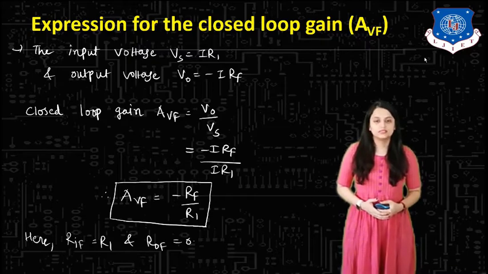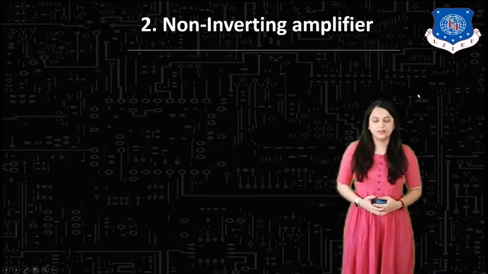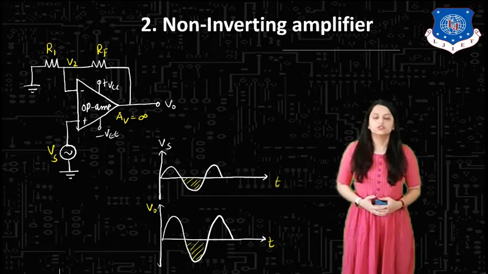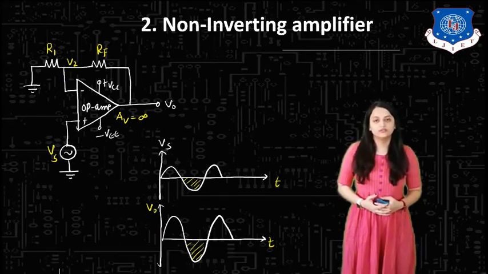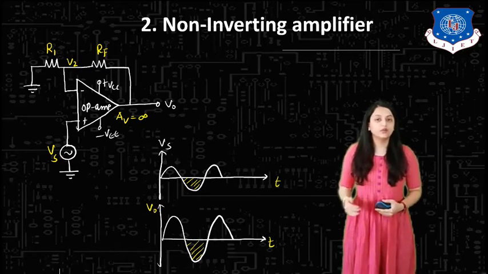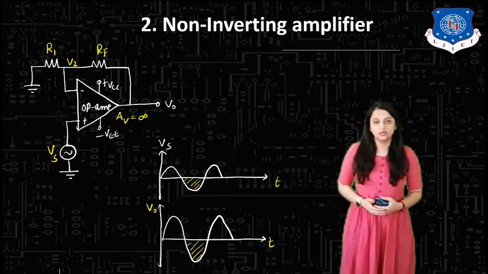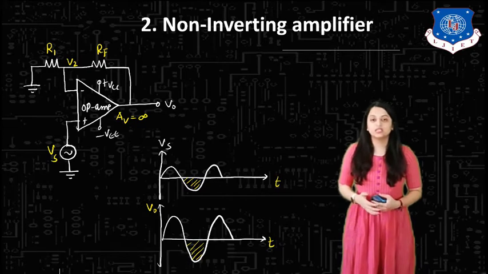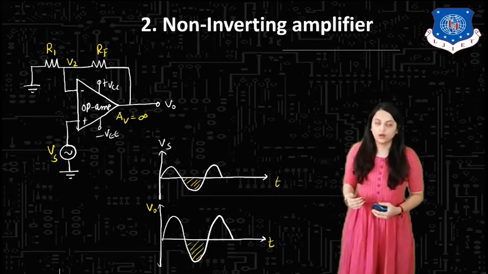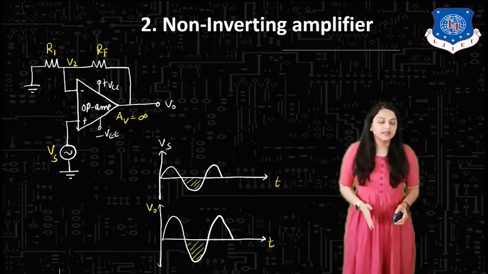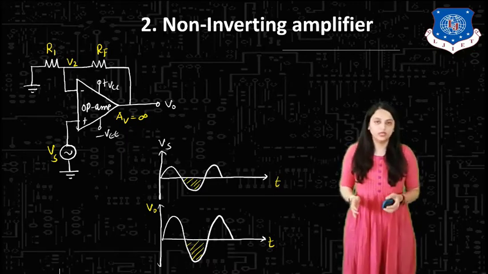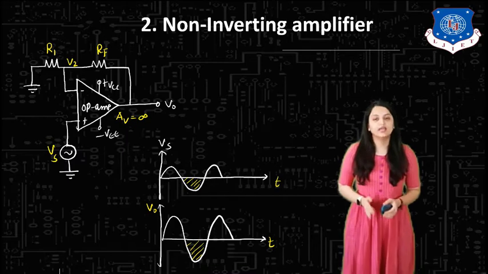Now next is the non-inverting amplifier. So this is the circuit diagram for the non-inverting amplifier. As you can see over here, the supply voltage is given to the non-inverting terminal of the op-amp, that is, the positive terminal, and the inverting terminal is connected to ground. Here the feedback is present from output to input and we are using negative feedback only.